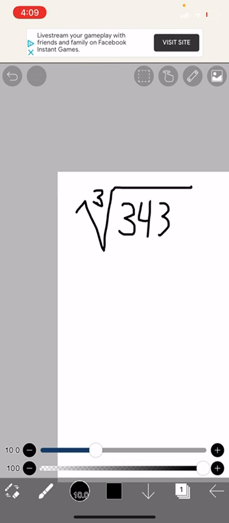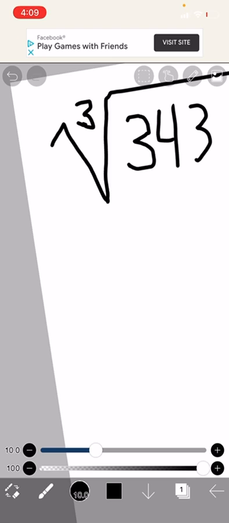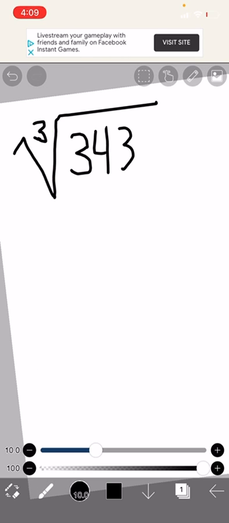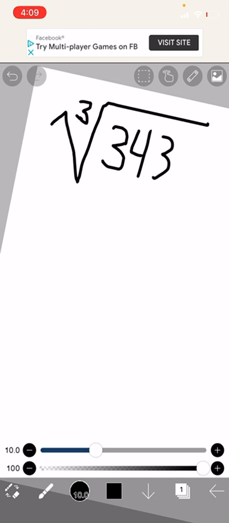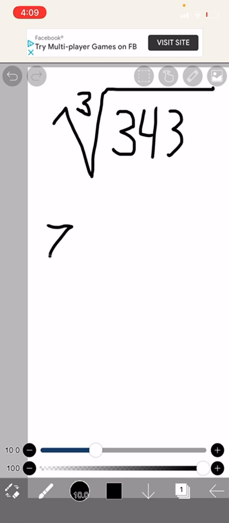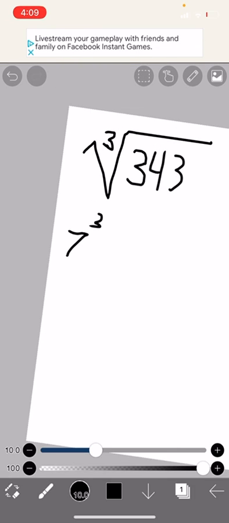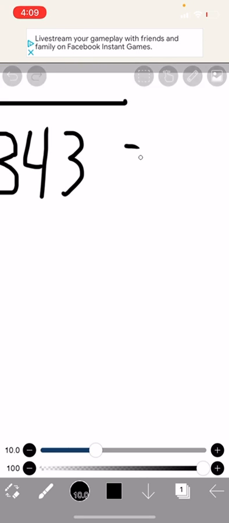Well, what number cubed makes 343? 7. 7 cubed equals 343.